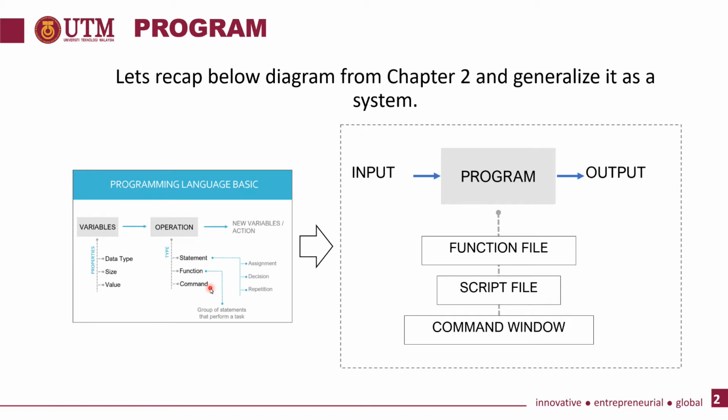So basically what you did in the past chapters is create or design programs inside MATLAB. As you all know, to create a program you have three options: you can use function files, you can design it as script files, and you can design it by using the command window.